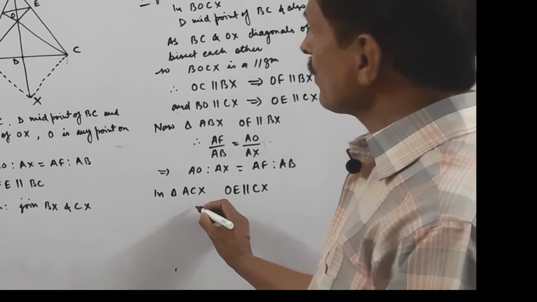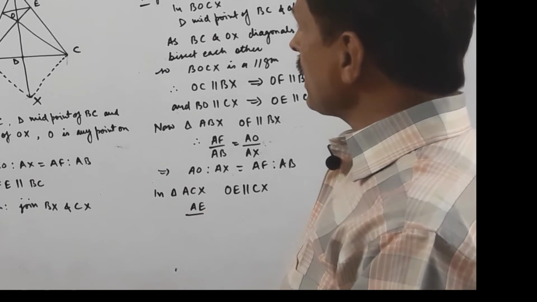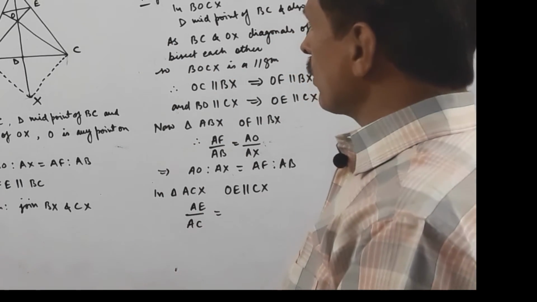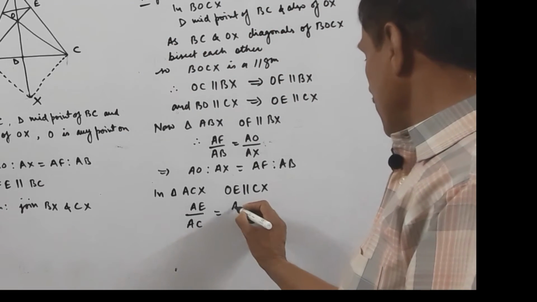Therefore, AE upon AC is equal to AO upon AX.